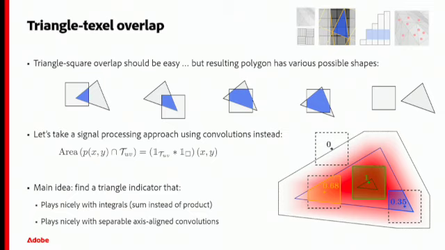In our case, we want a triangle indicator which plays nicely with the integral, so we want it to be a sum rather than a product. And we also want it to play nicely with the convolution, because we are stuck with this convolution.